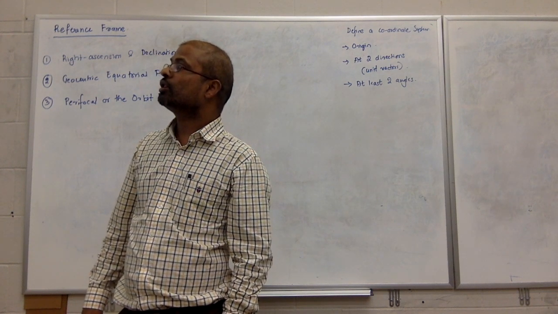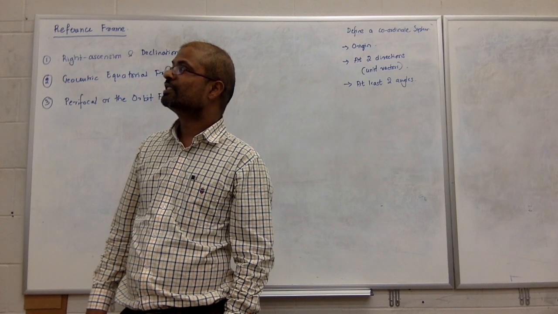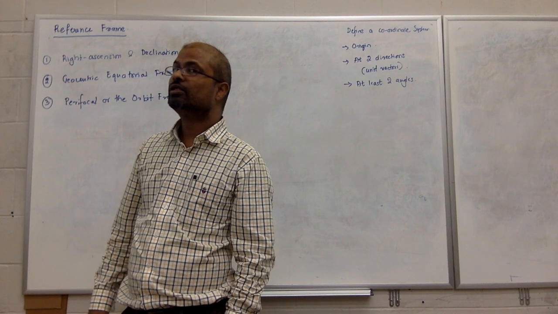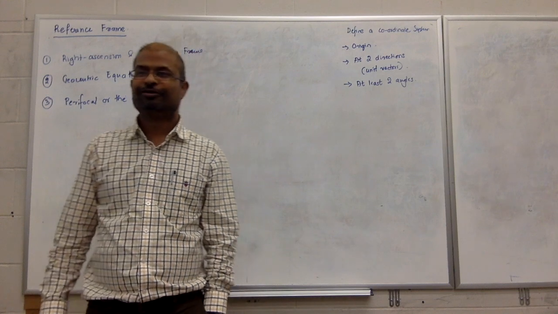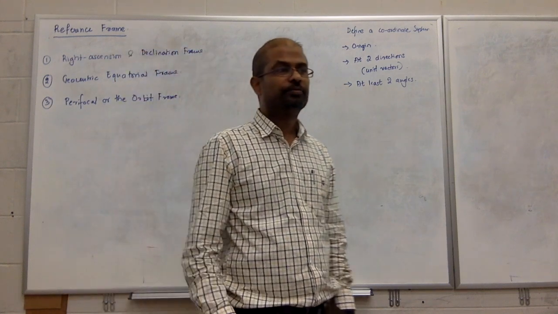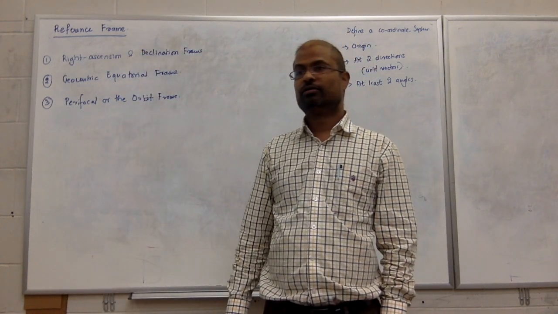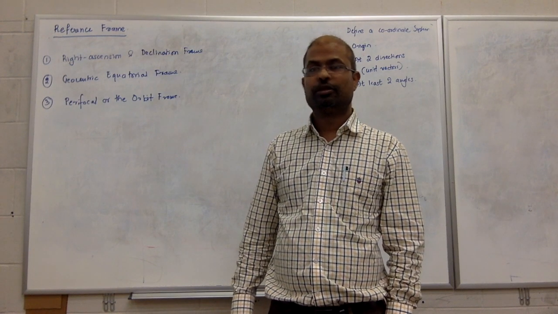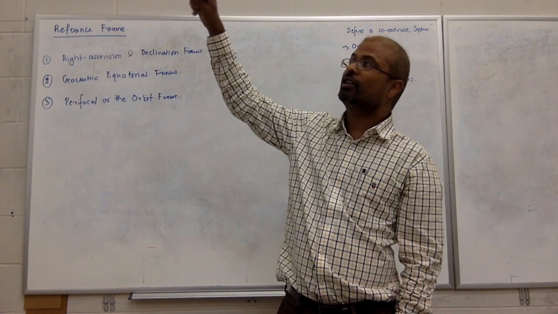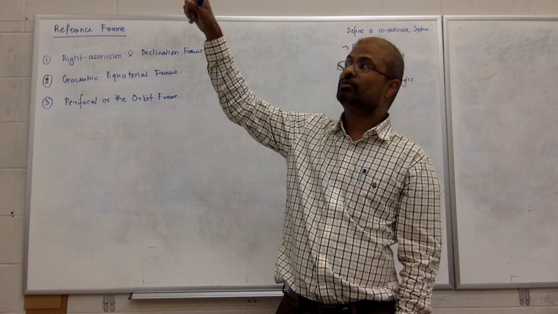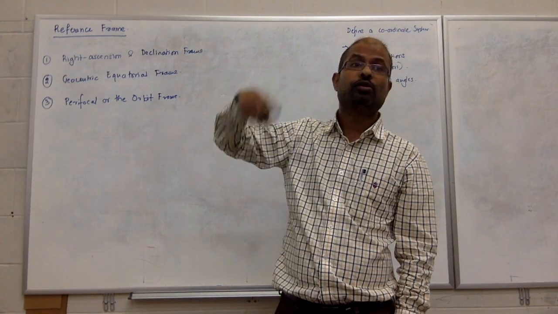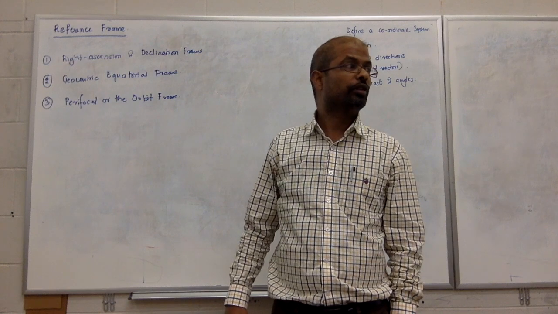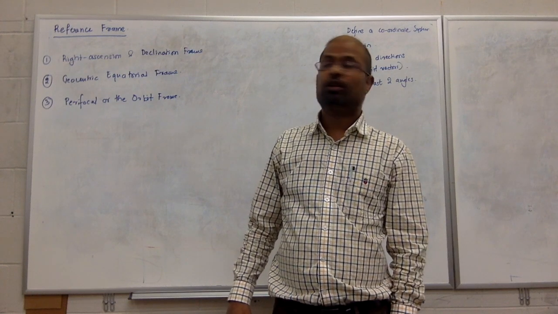What is the 0 degree longitude? The prime meridian. So longitude is the lines running from north to south. How many longitudes are there?